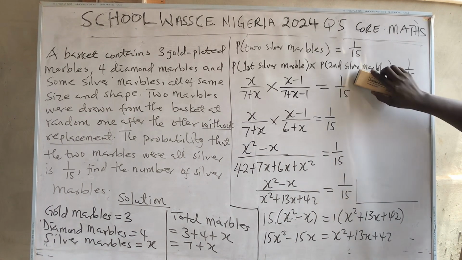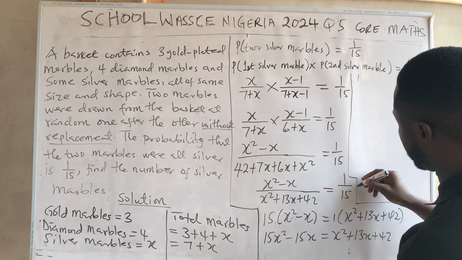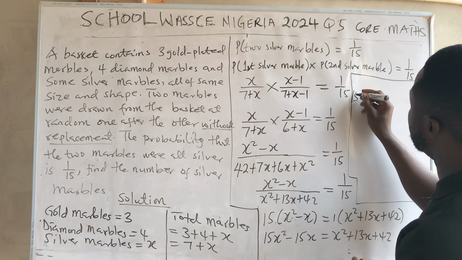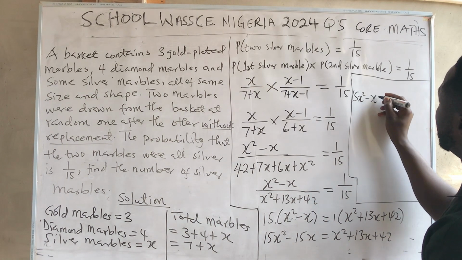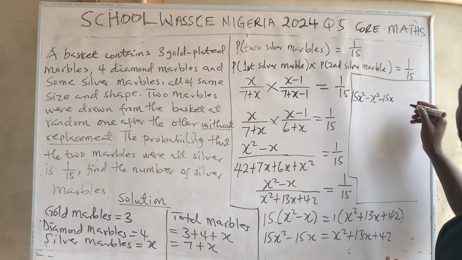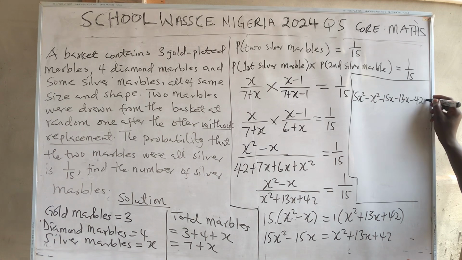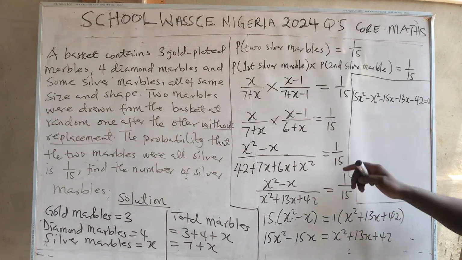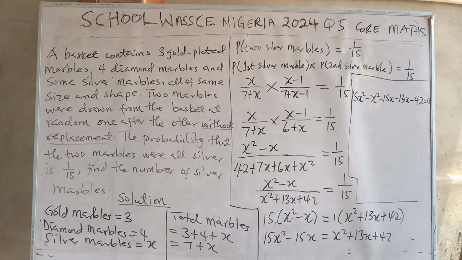Let me manage the space so that I have 15s squared. So the s squared will come here to be minus s squared. Then we have minus 15x, then minus 13x, then minus 42 equal to 0.